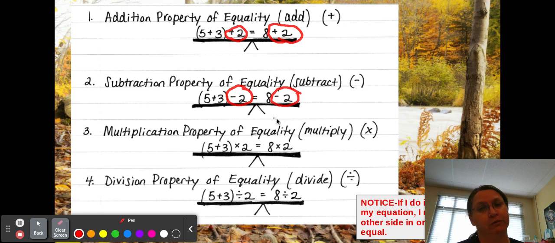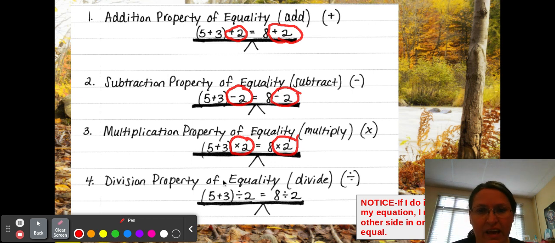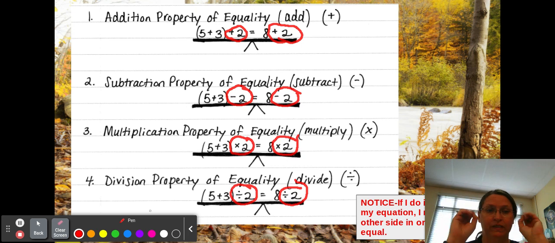When I look at the multiplication property of equality, they are multiplying by 2. Right here, I have to multiply by 2 on both sides of the equal sign. And the division property of equality, if I divide on one side, I have to divide on the other side. So I divide on both sides of the equal sign.